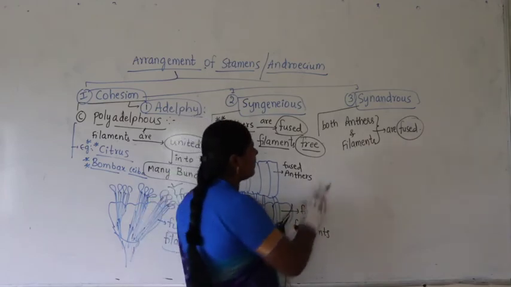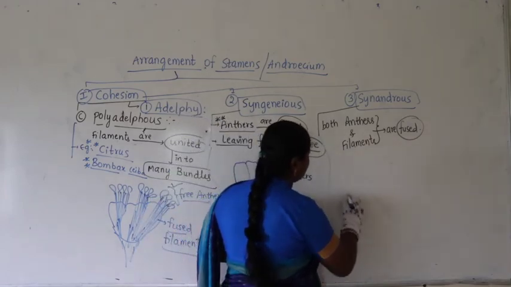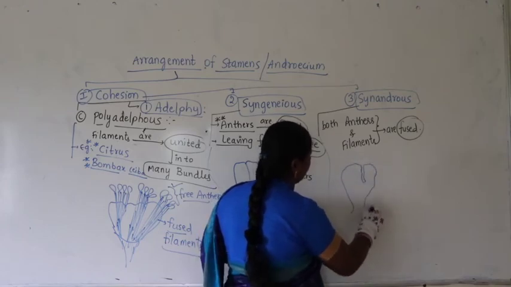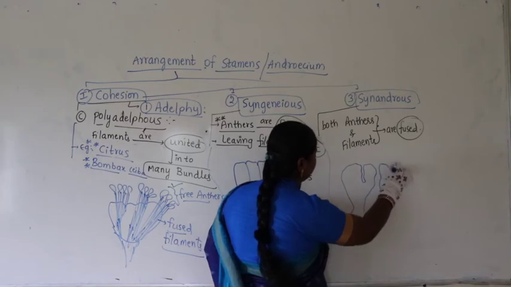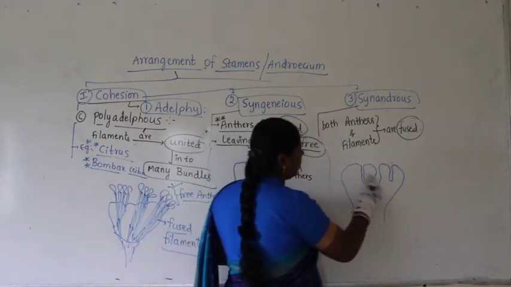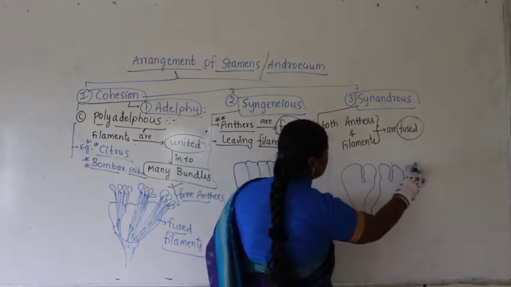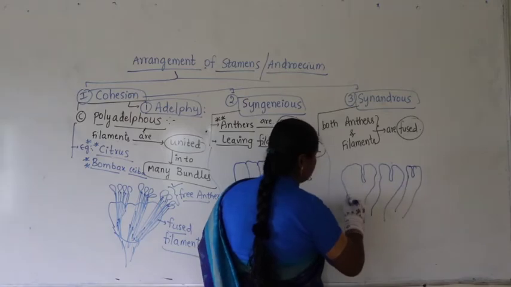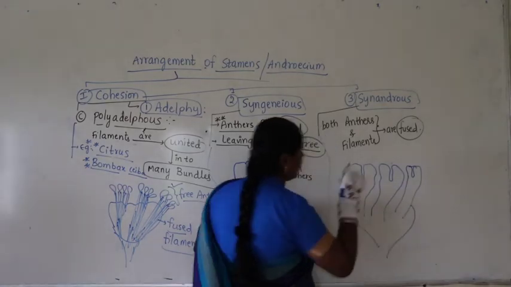Now look at the diagram in the case of Synandros. If you look at it, this is the condition. So this is what the flower looks like.